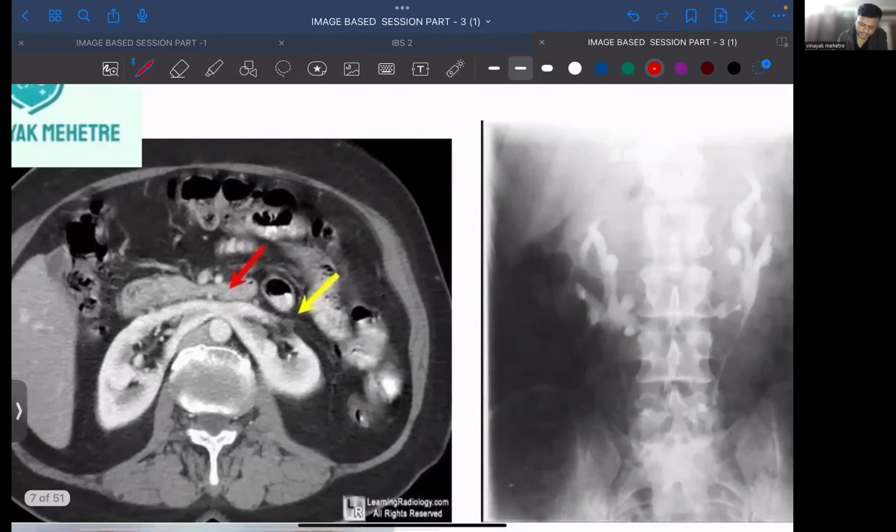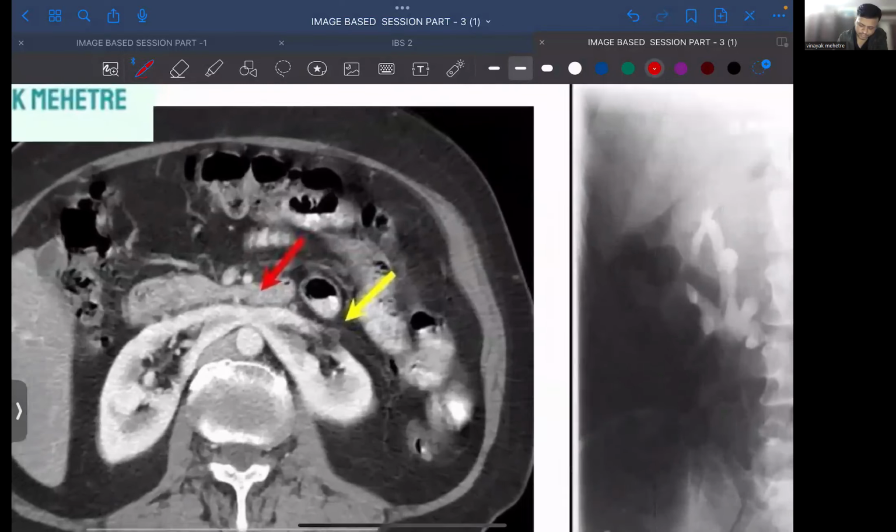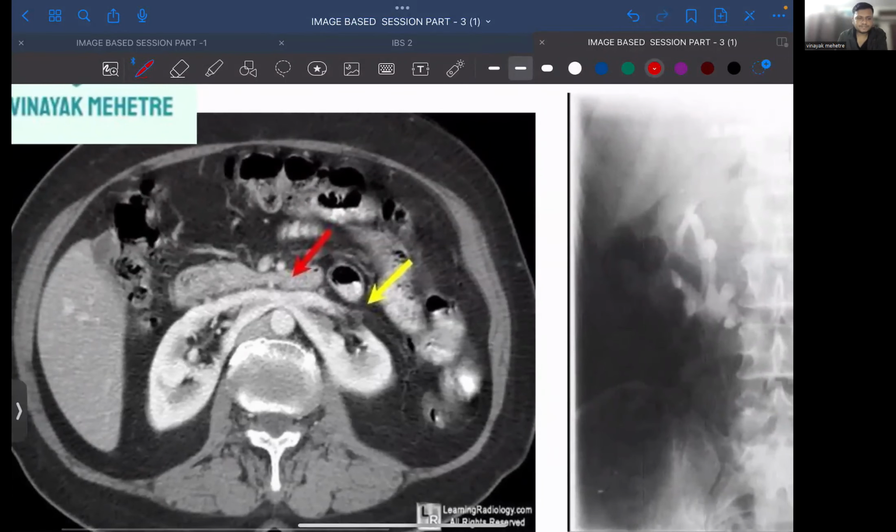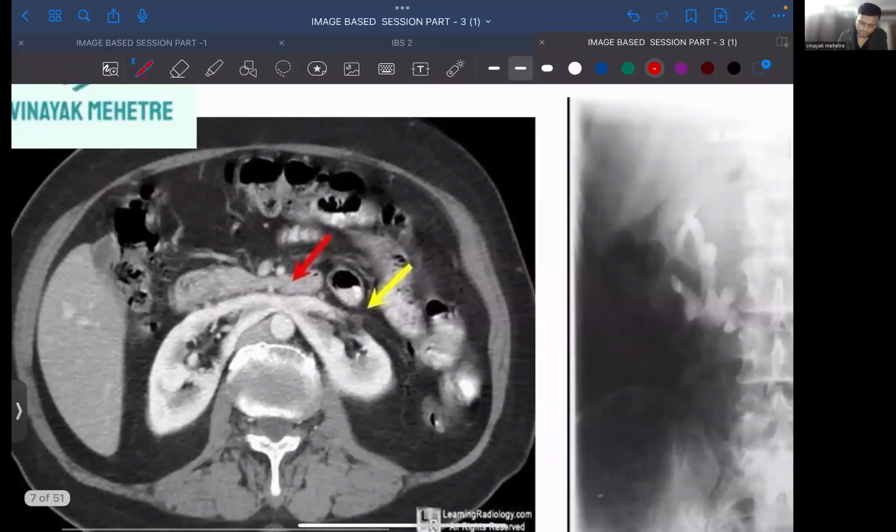We have discussed this in the last class. Try to tell what this is. Lower pole of both the kidneys is fused. So उसका मतलब क्या हुआ?